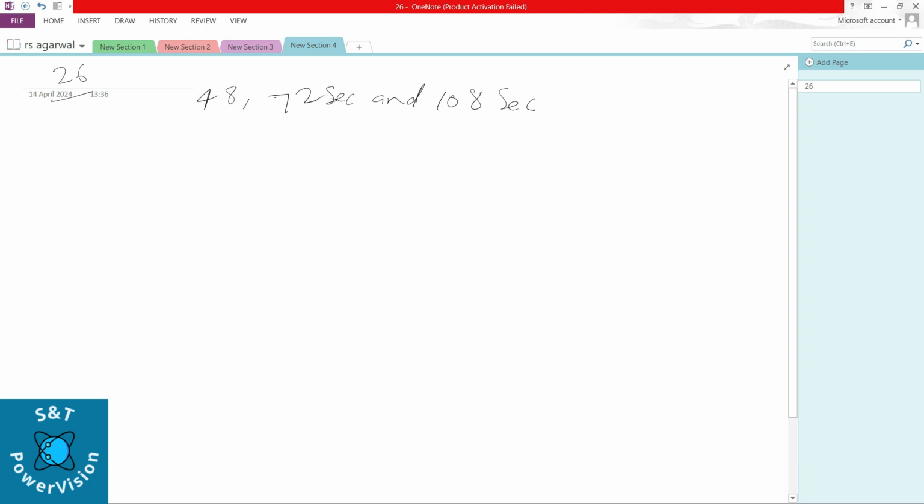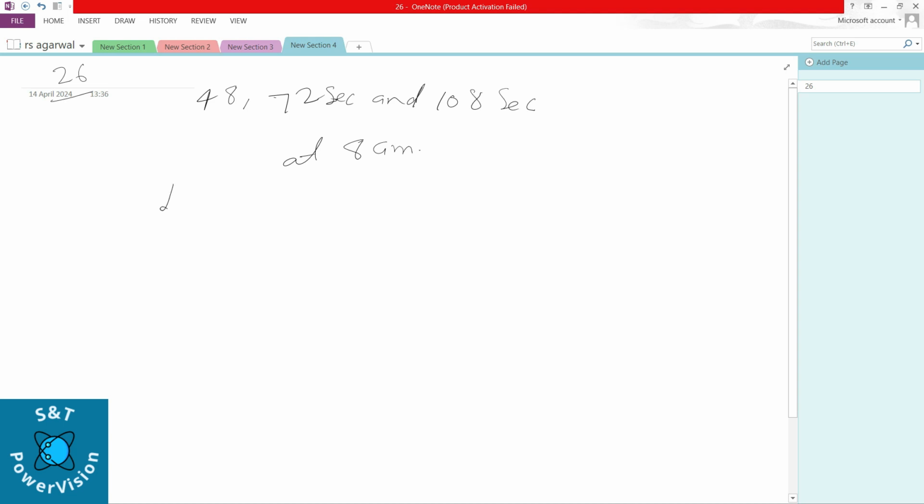If they all change simultaneously at 8 a.m., then at what time will they again change simultaneously here? This kind of question we always solve with LCM.